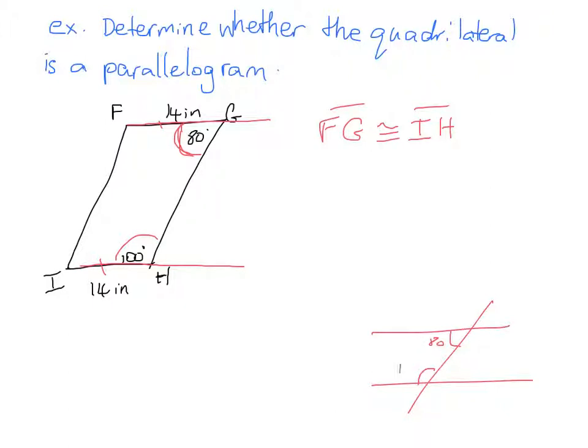And 80 and 100 shows that they are in fact supplementary. So because this angle and this angle are supplementary to each other, it's showing us that these two lines have to be parallel. So now that we know that these two lines are congruent and they are parallel, we also know that this must be a parallelogram. All right, that's it.